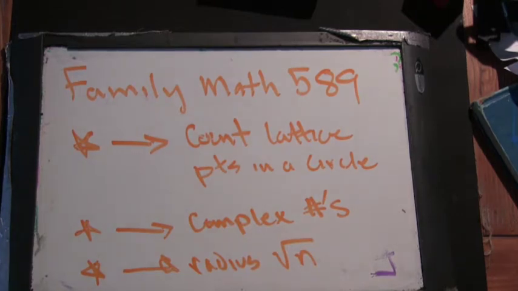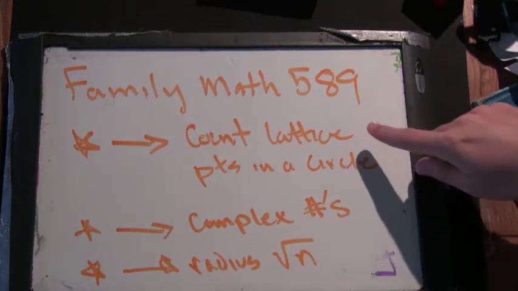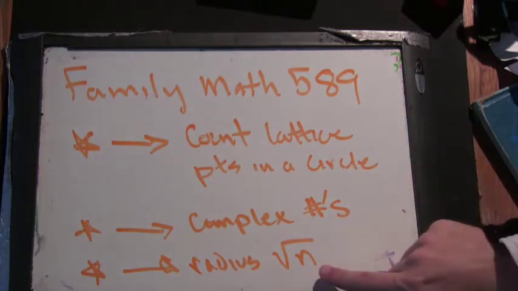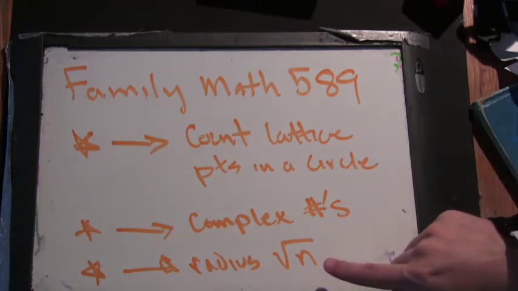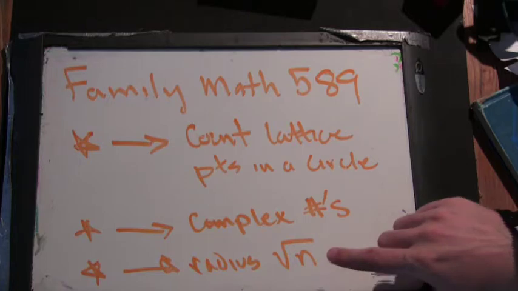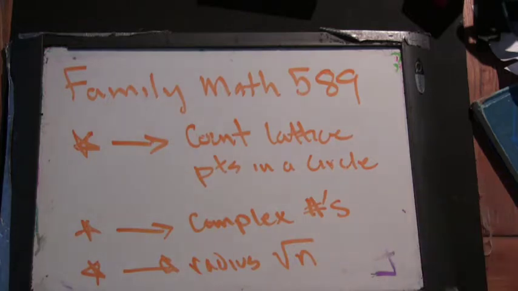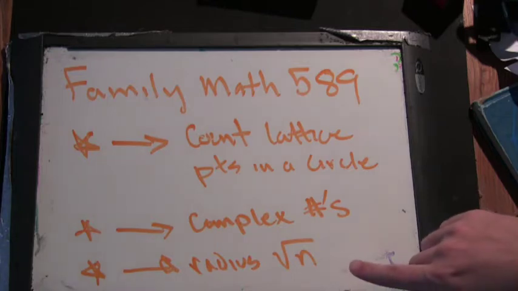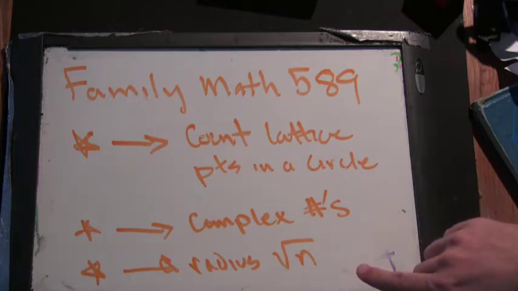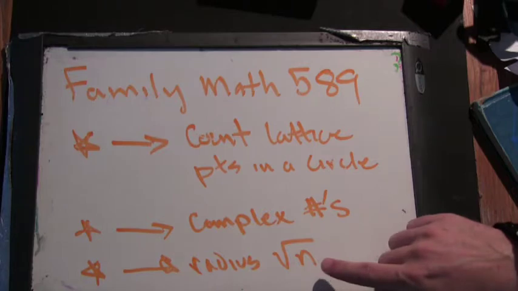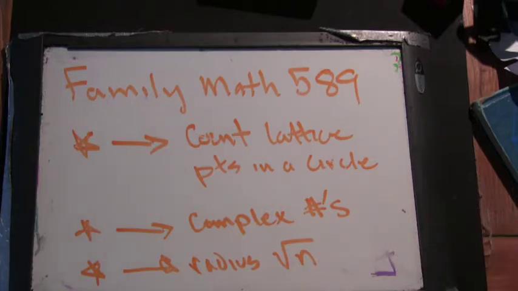Yeah, okay, very good. So when he's trying to count the lattice points in a circle, he's looking at circles of radius 0, 1, square root of 2, square root of 3, square root of 4, all the way up. And he made a short list of some of those, the counts for the number of lattice points that hit these circles. Do you remember anything about those counts?